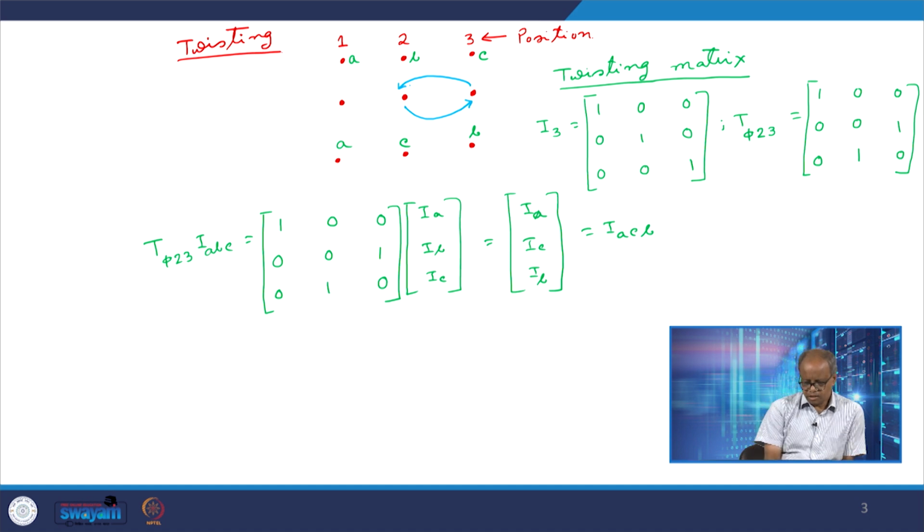In the same manner, if I talk about the twisting matrix T_φ12, it is the twisting matrix corresponding to interchanging of positions 1 and 2.